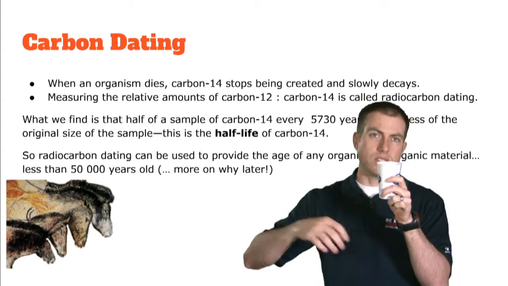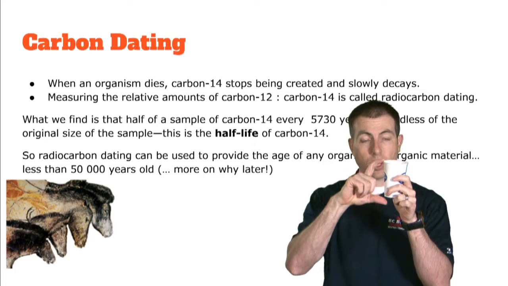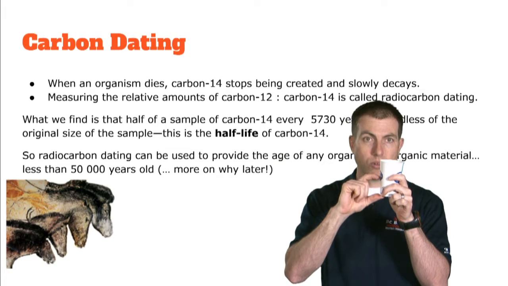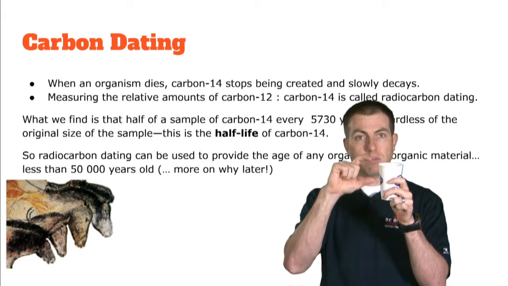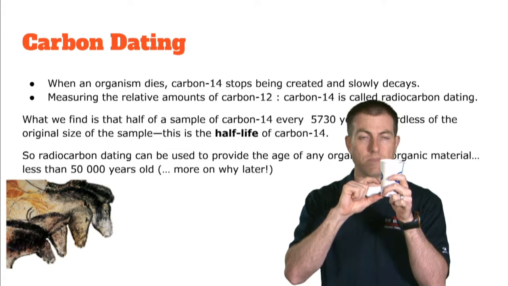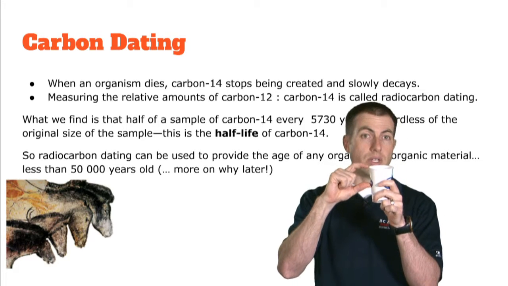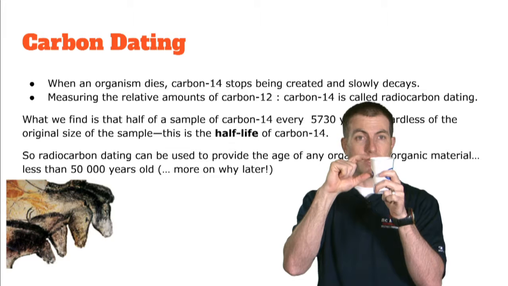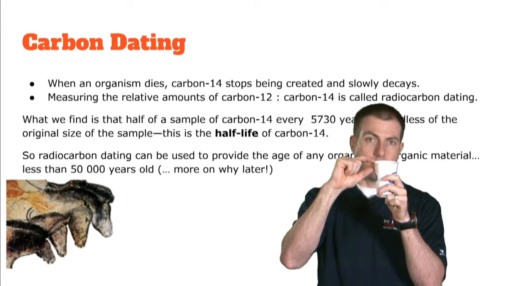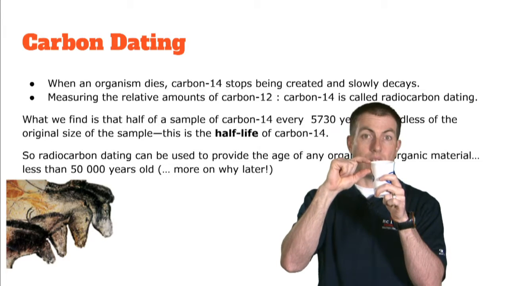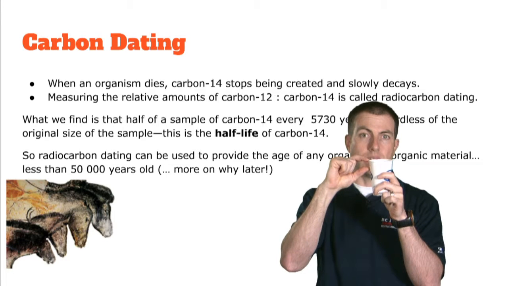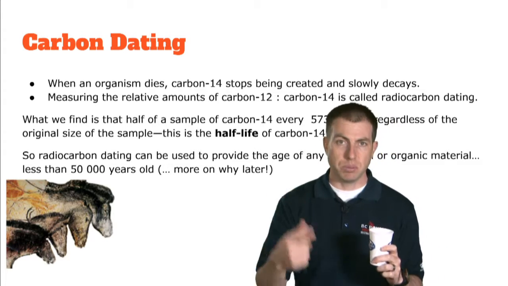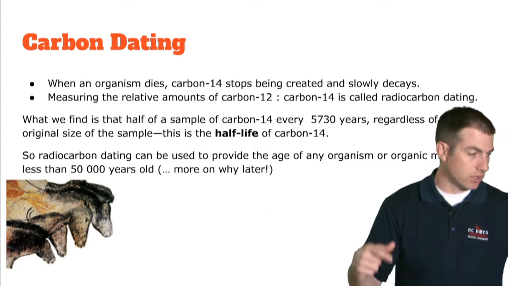It's not gone, it doesn't just disappear. It's changed from carbon-14 into nitrogen-14. So now my cup has some carbon in it, and some nitrogen in it. If I wait another 5,730 years, half of the carbon-14 is now changed into nitrogen-14. So now I only have a quarter of my cup. And I can keep taking half-lives, 50%, 50%, every 5,730 years.